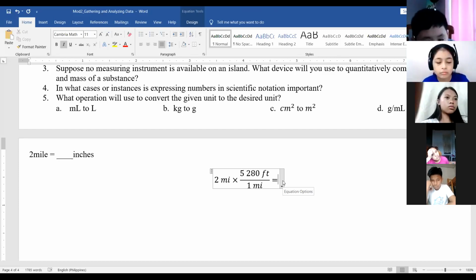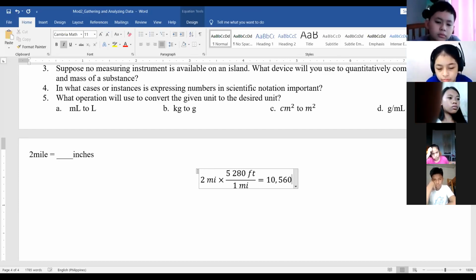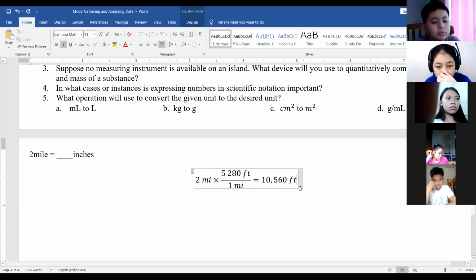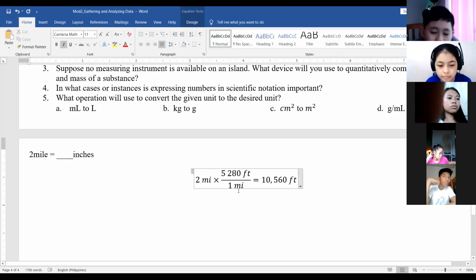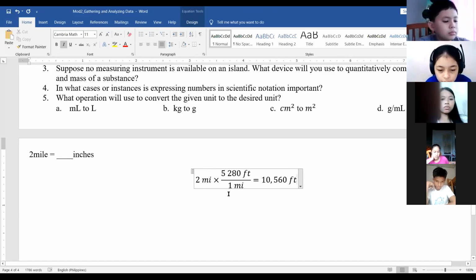So we have 10,560 feet. Tama ba? I don't know if you're with me. You multiply 2 times 5,280, 10,560. If you do have a calculator with you, please use a calculator, class.